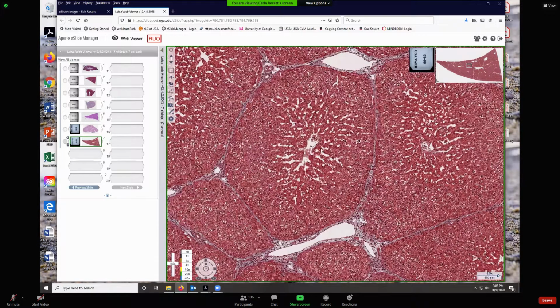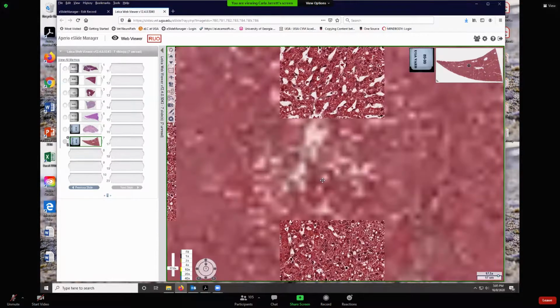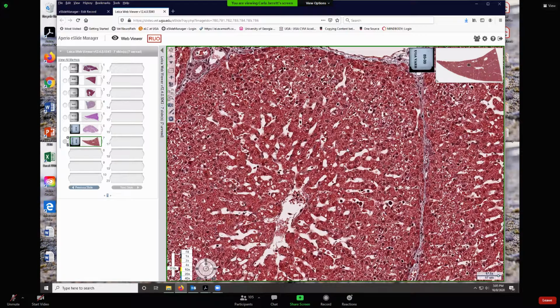Even at this level of magnification, I can see that the outer, maybe about a half of this lobule looks grainy and different than this inner half of the lobule. Okay, why is that? Well, the hepatocytes store lipids and they store glycogen granules.